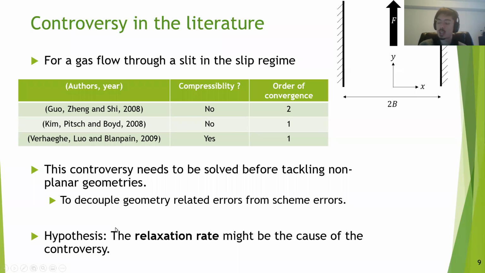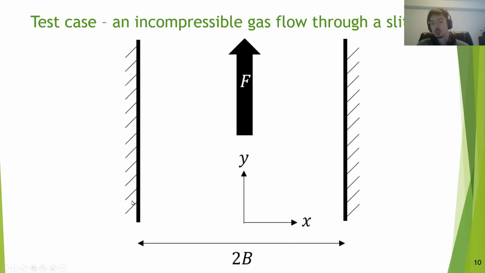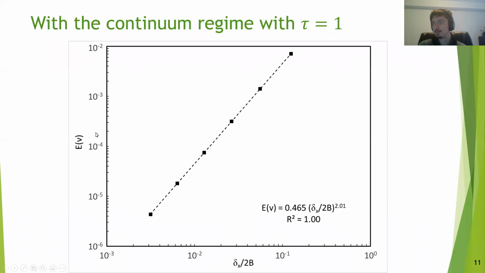My hypothesis that I brought forward was that the relaxation rate might be the cause of the controversy. So I presented a test case, an incompressible gas flow through a slit, so I made sure to remove the compressible effect. So we have this incompressible slip flow between two infinite planes.